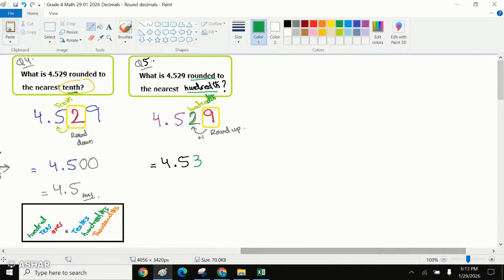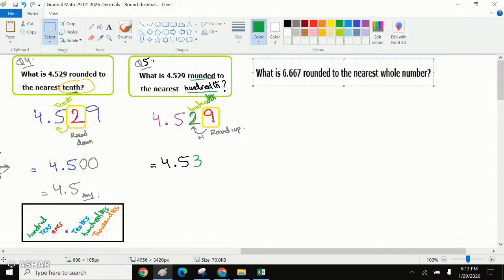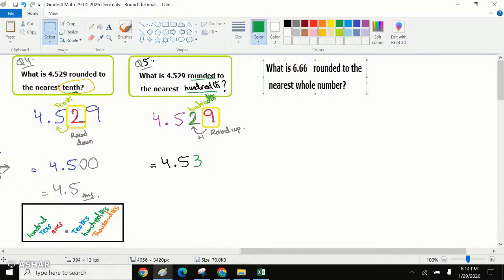The next question says, what is 6.66? Okay, let me just change the number. To the nearest whole number. What is 6.66 rounded off to the nearest whole number?